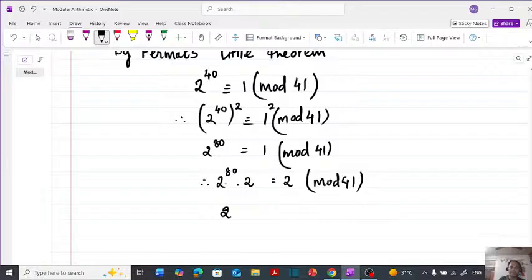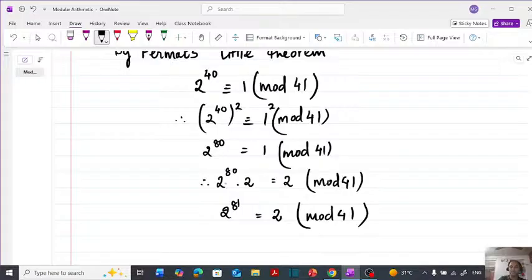So 2 raised to 81 is 2 mod 41. Simple. That's how you use Fermat's little theorem to get your answer. A good easy way to understand how things boil down.